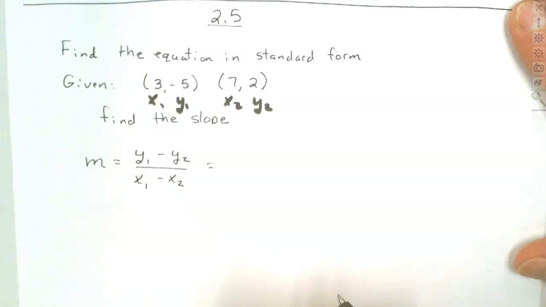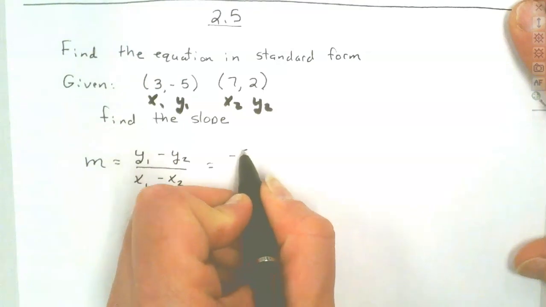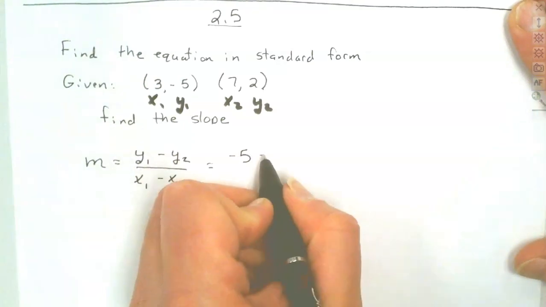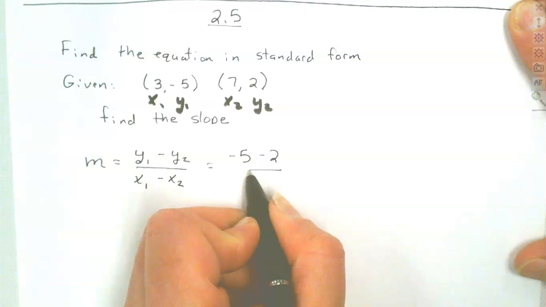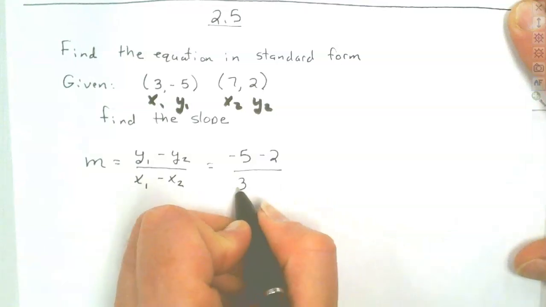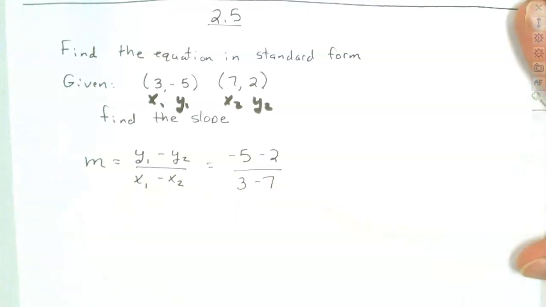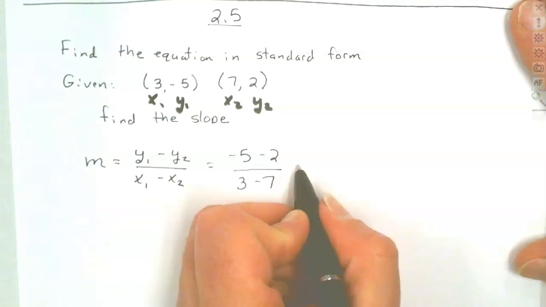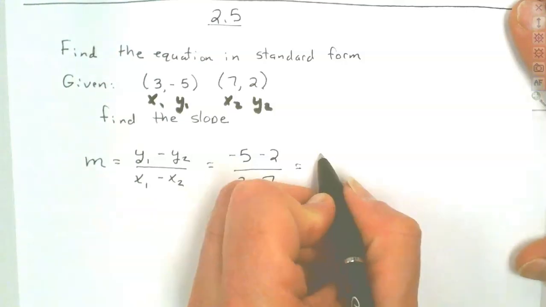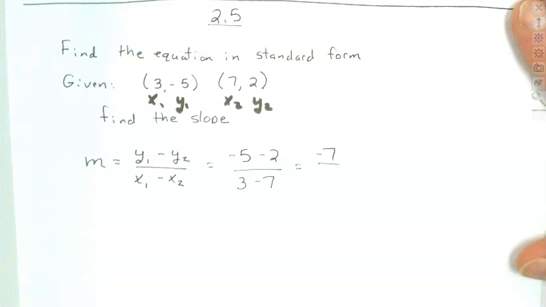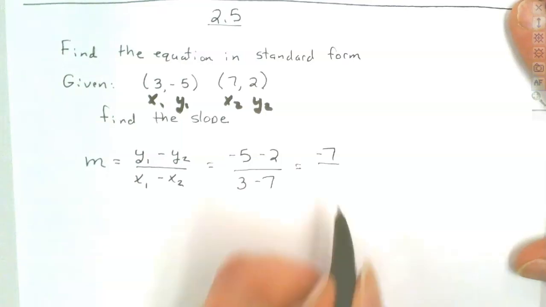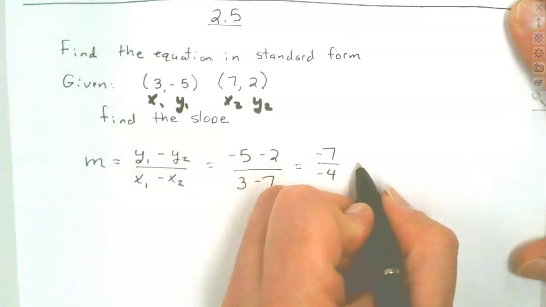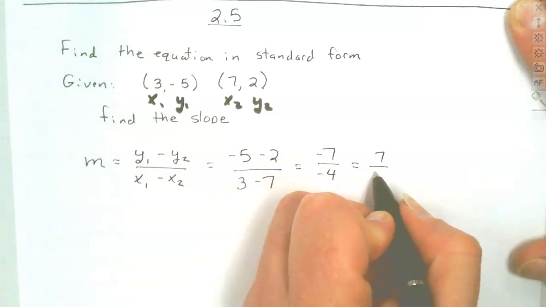The y's go in the numerator, so that's going to be a -5 minus 2 over 3 minus 7. And -5 minus 2, that's a -7. And 3 minus 7, that's a -4. Negative over negative makes it a +7/4.